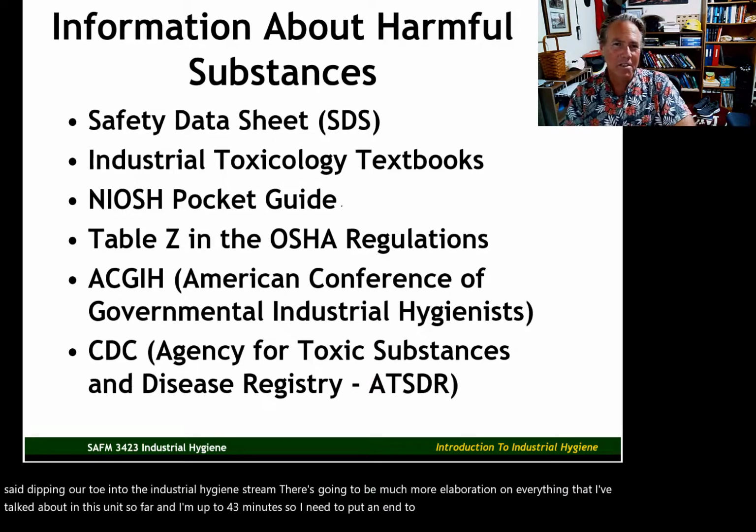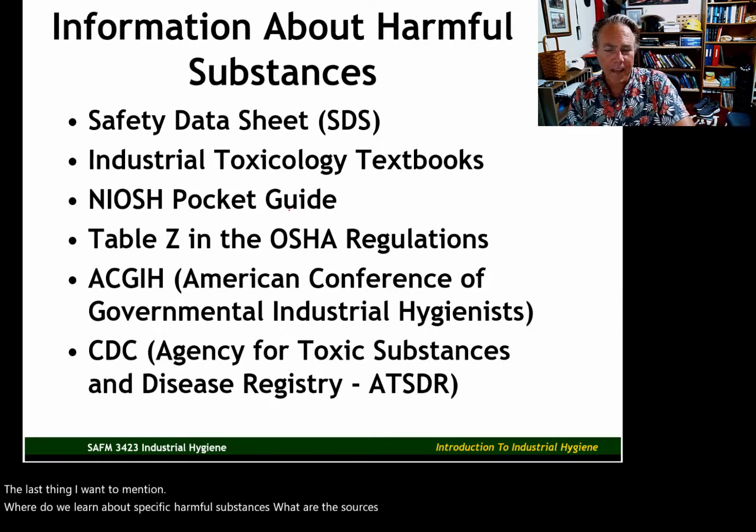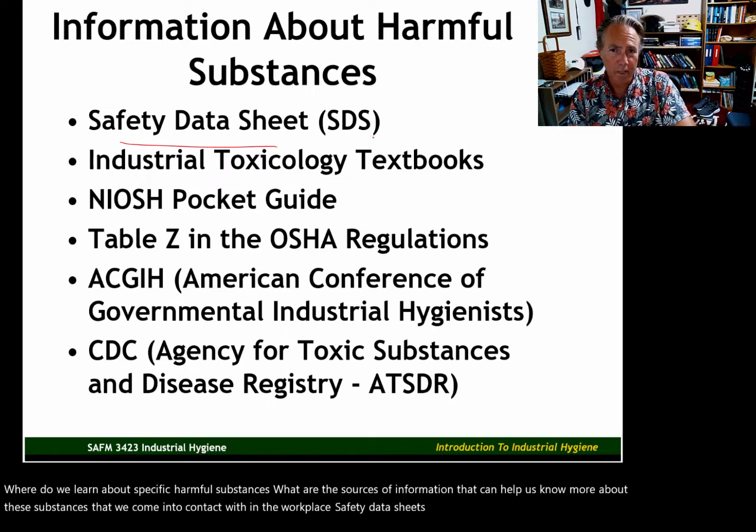Last thing I want to mention, where do we learn about specific harmful substances? What are the sources of information that can help us know more about these substances that we come into contact with in the workplace? Safety data sheets, or SDS sheets, would be a source.